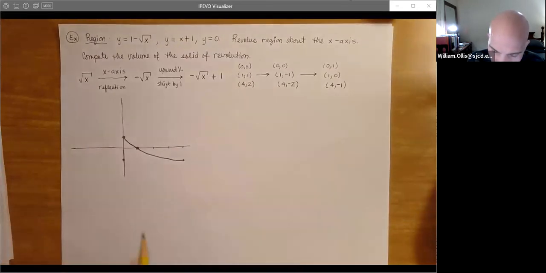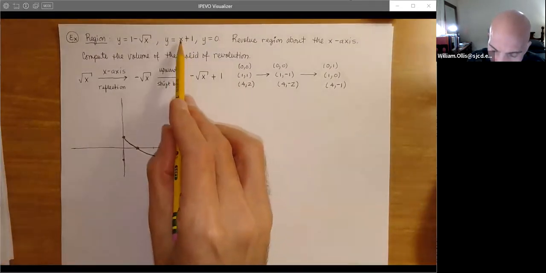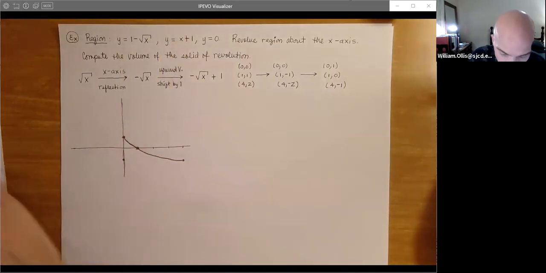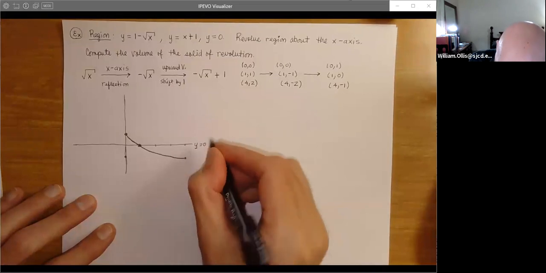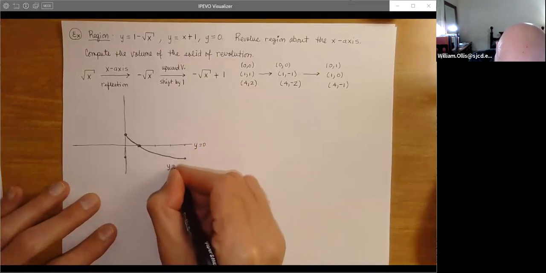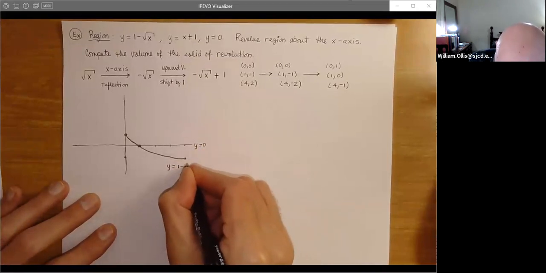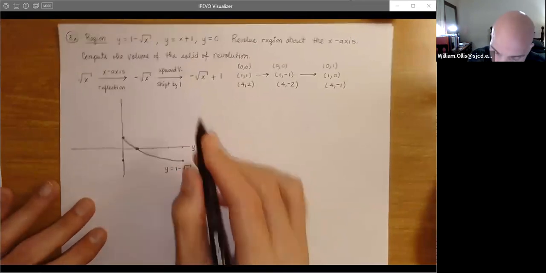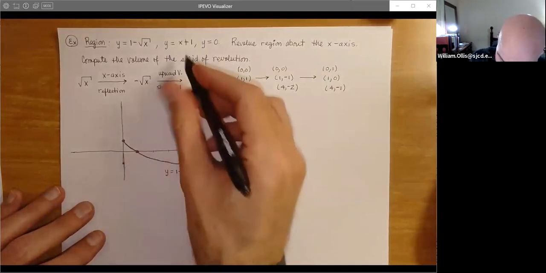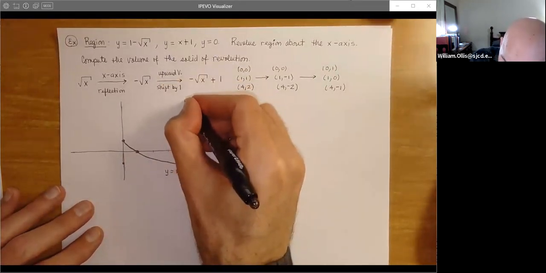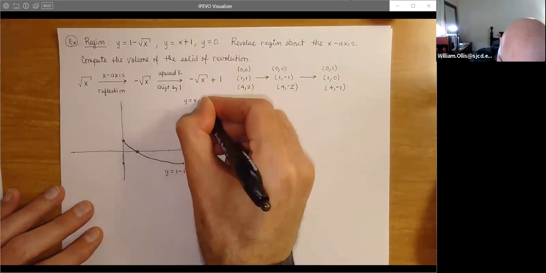And now we're thinking, okay, what about this line y equals x plus 1? We've got y equals 0. And this is y equals 1 minus square root x. And then of course, we clearly have an intersection point. So we'll say y equals x plus 1.